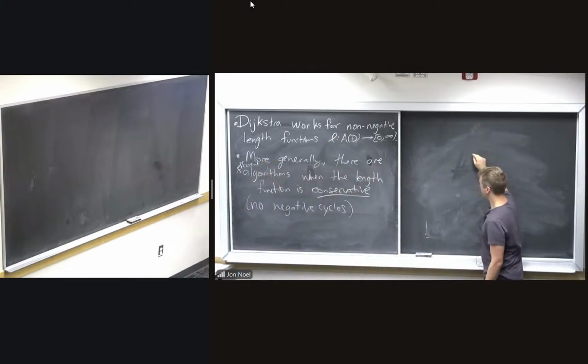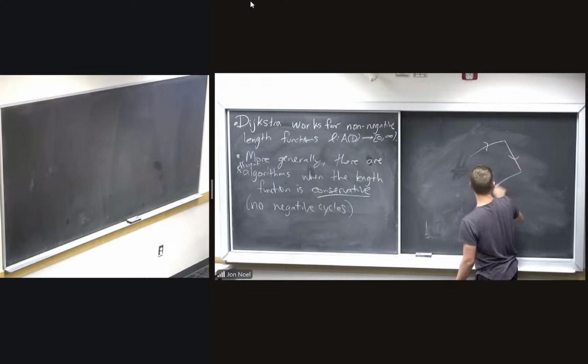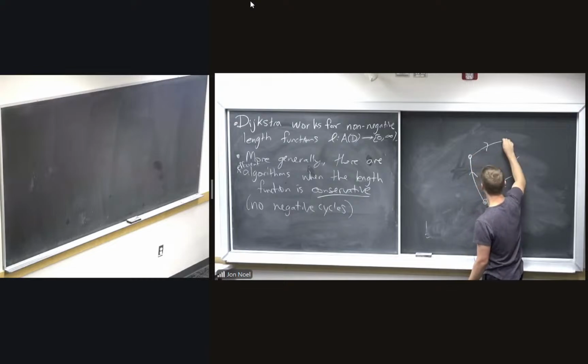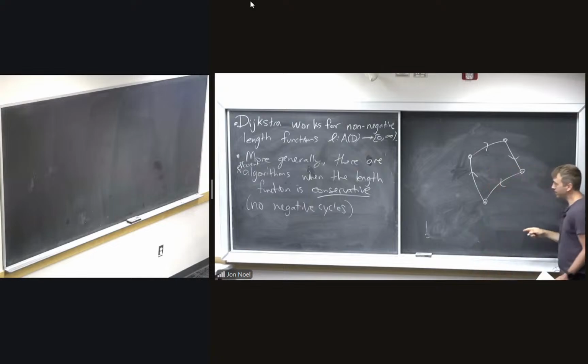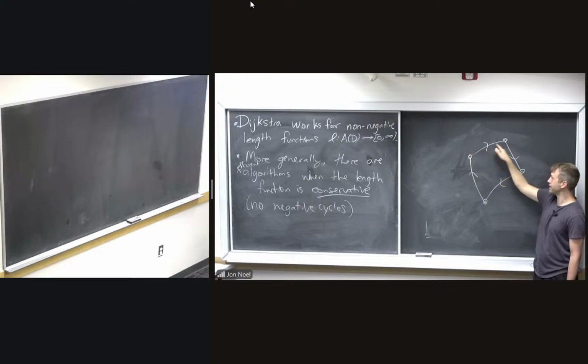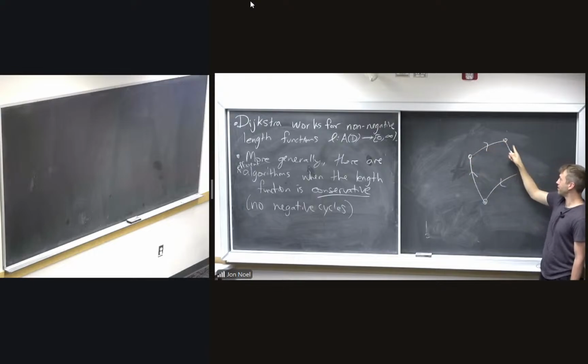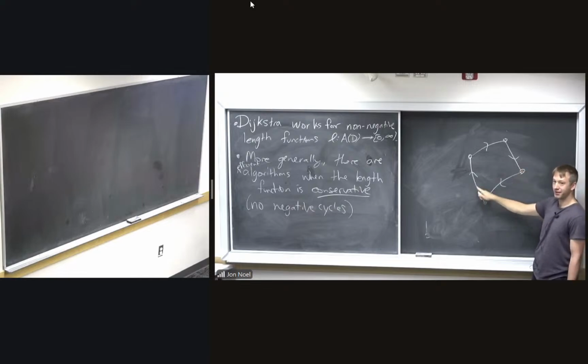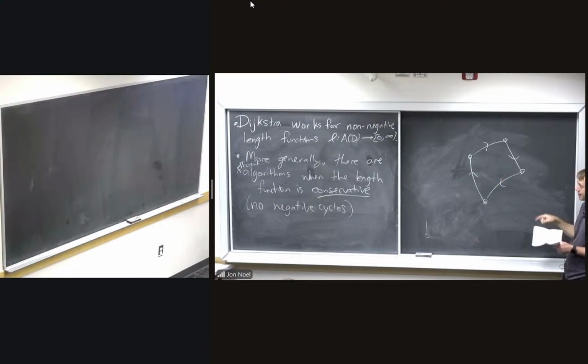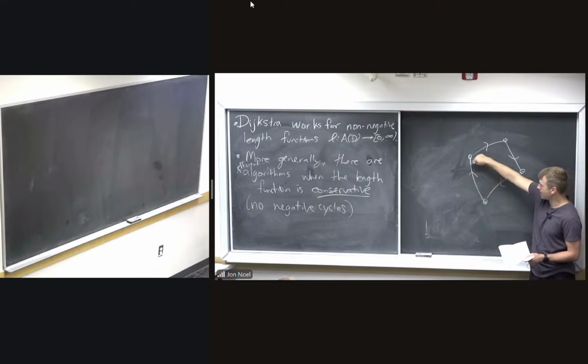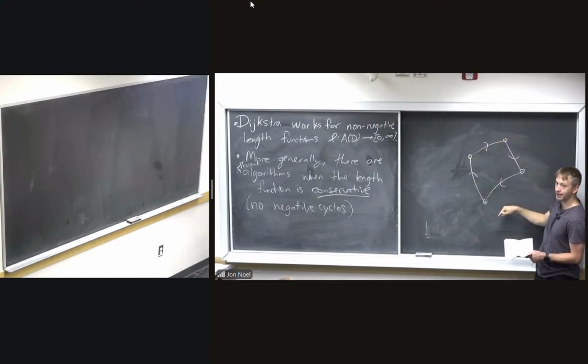When I say a negative cycle, a cycle is a sequence of vertices and arcs where you start somewhere, it points to the next one, and the next one, et cetera, in a cycle. When I say negative cycle, I mean a cycle where if you sum up the lengths, you get a negative number.